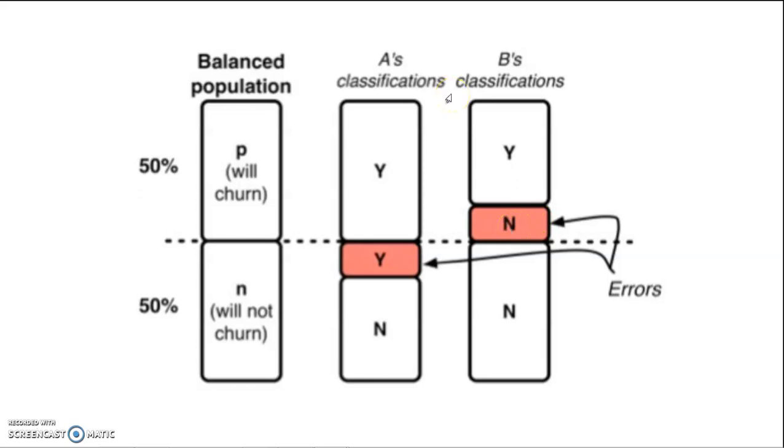So the decision here is whether we're going to deploy algorithm A or algorithm B. Which one is giving us better performance?